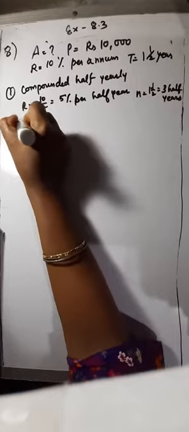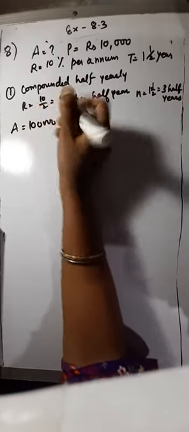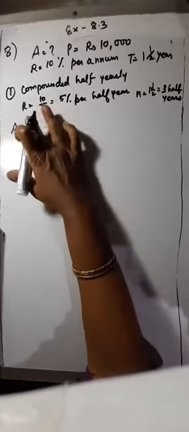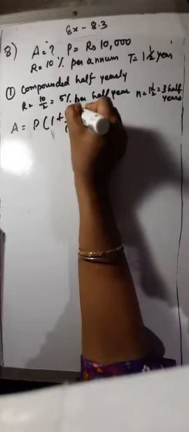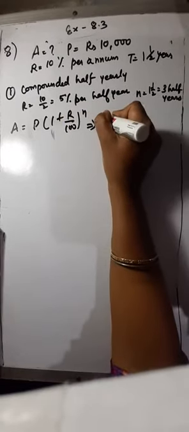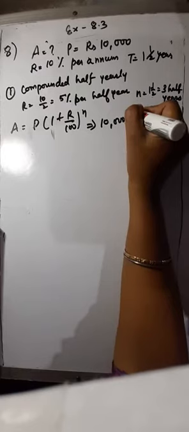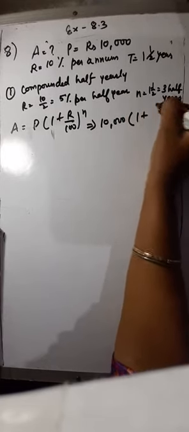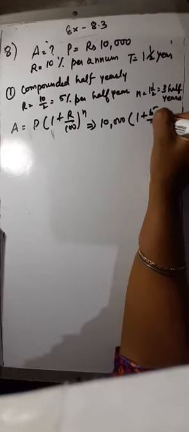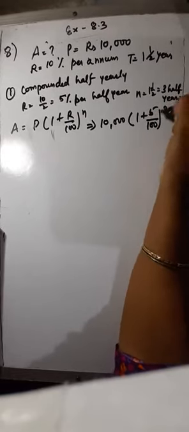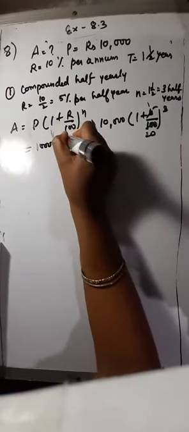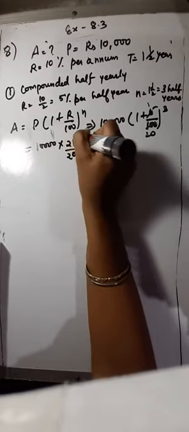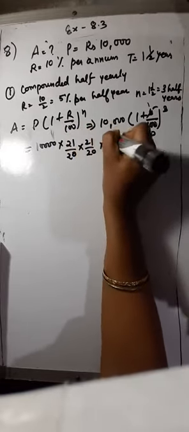Then amount is 10,000. We write formula. 10,000 (1 + 5/100)^3. 10,000 multiplied by 21 by 20 into 21 by 20 into 21 by 20.